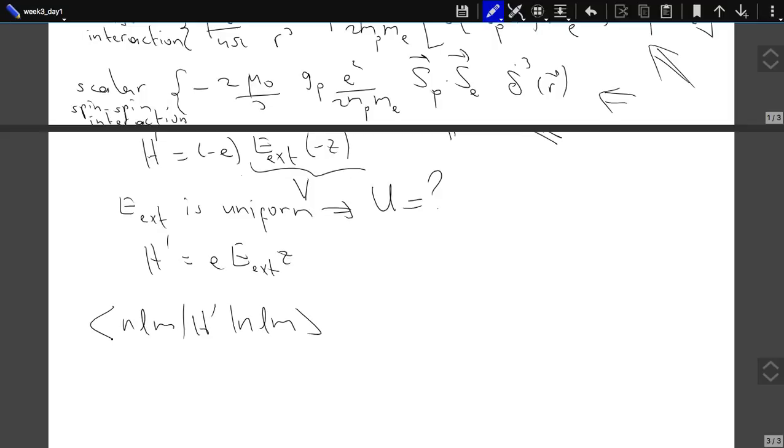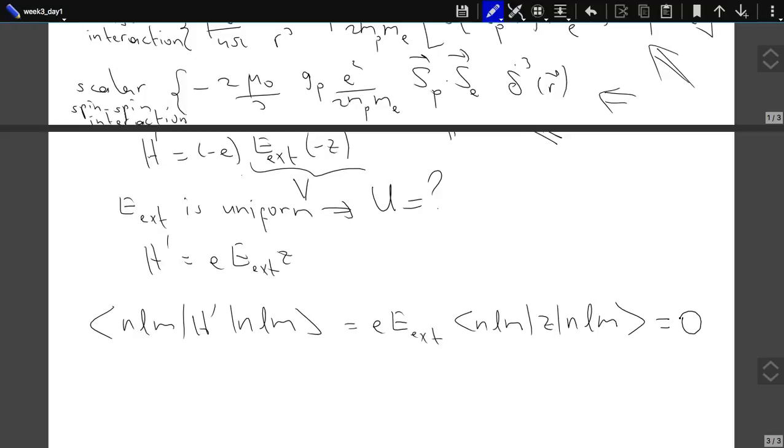What can you say about this one? z or x or y, whichever one you like. Do the same operation. So it's 0.